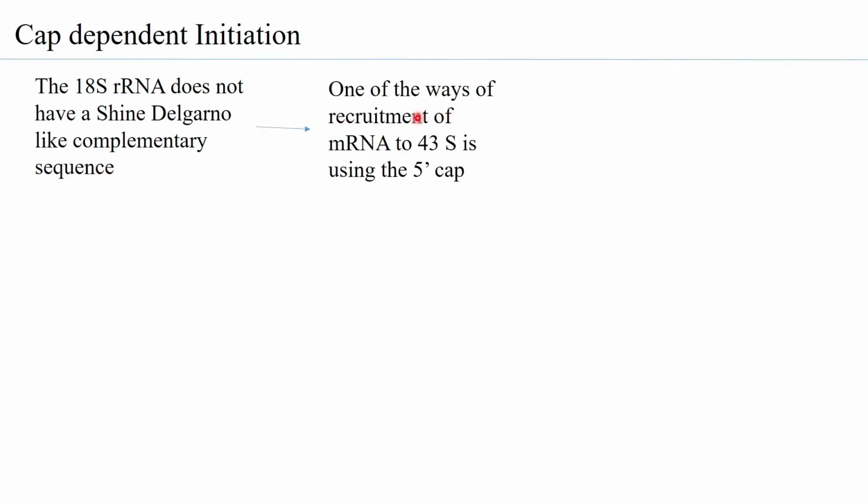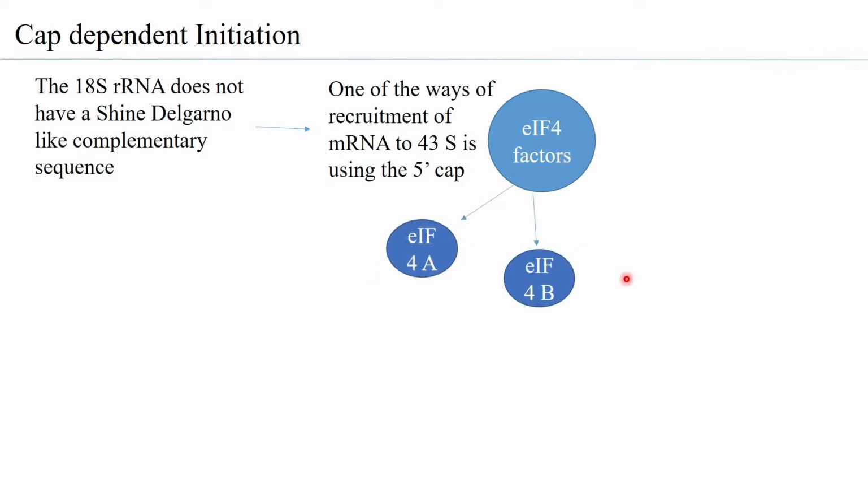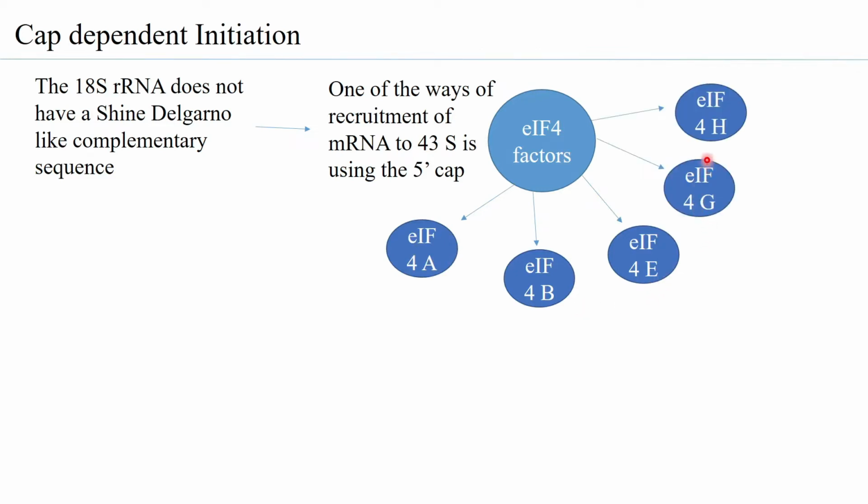So one of the ways of recruitment of mRNA to the 43S is using the 5 prime cap. And this is aided by EIF4 factors. There are several different EIF4 factors: EIF4A, EIF4B, E, G, H. Now, EIF4E is an essential EIF4 factor for translation initiation, and it is also conserved across species.